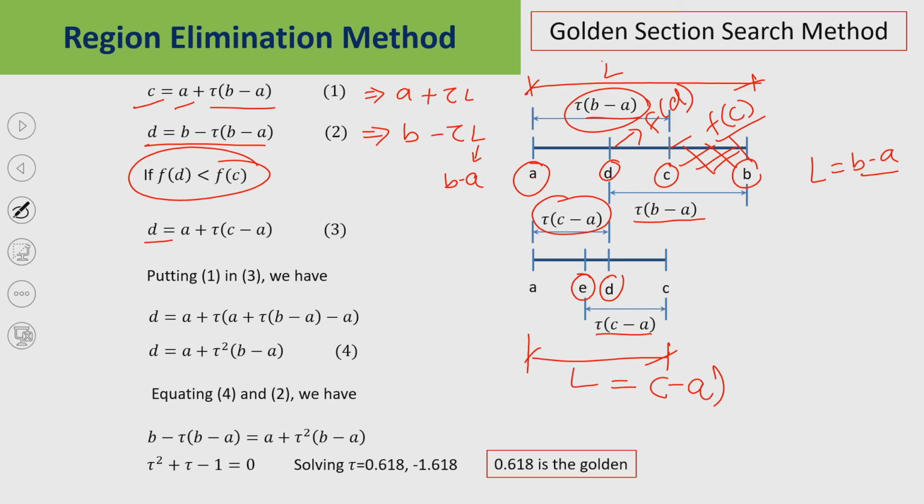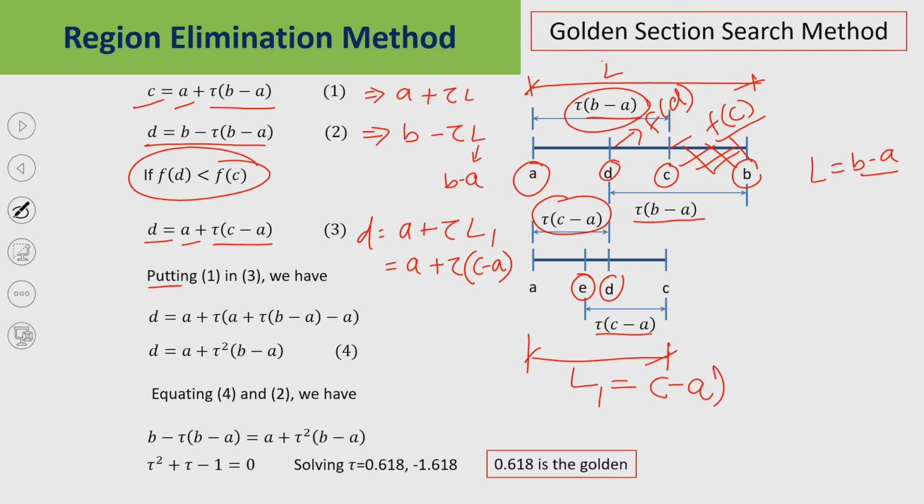So, D is A plus tau C minus A. So, D equal to A plus tau, suppose if I say L1, so this is tau L1, and which is equal to A plus tau C minus A, is not it.